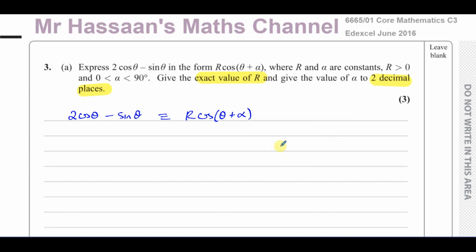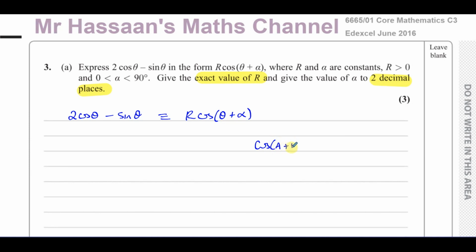Don't make the mistake of thinking cosine of theta plus alpha is going to be cosine theta plus cosine alpha. That's a huge mistake. This doesn't mean cosine times this bracket. It means cosine of all of this angle. There are some proofs which we don't have time to go through right now, but if you look at the formula sheet, you'll see exactly how we can write these as separate angles.